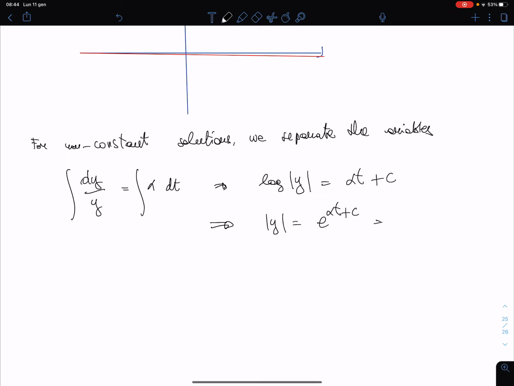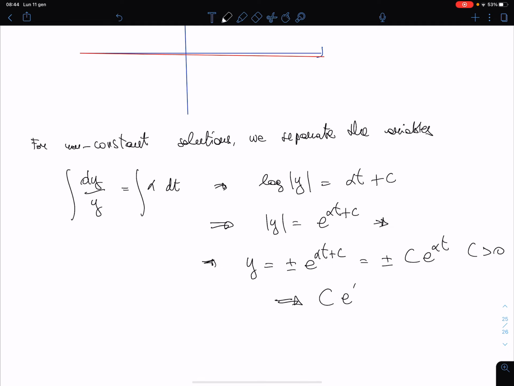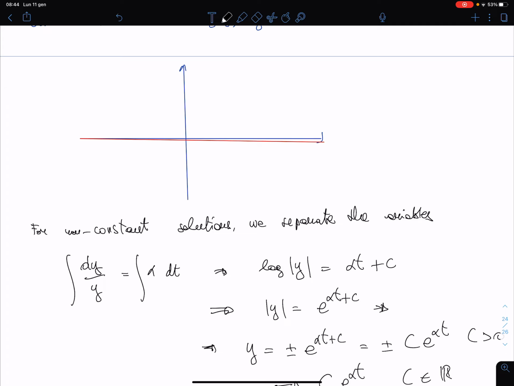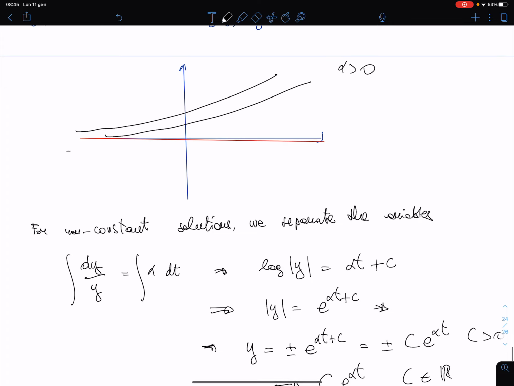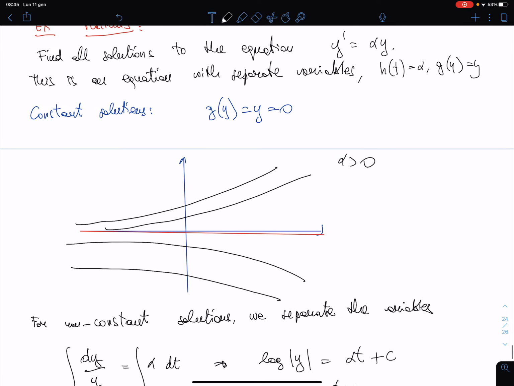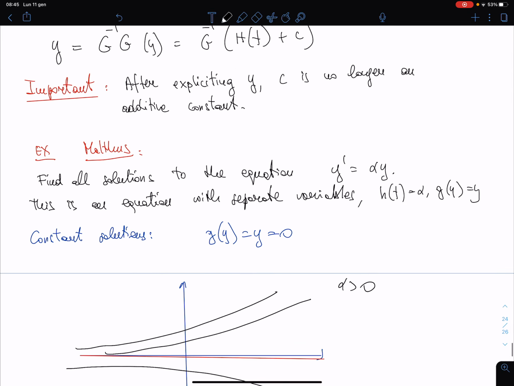So y is plus or minus e to the alpha t plus c, which is plus or minus c e to the alpha t for c larger than 0, so we can say that it is c e to the alpha t for c in R. Just a different way to write it, and so these are the solutions for alpha larger than 0, of course. Very easy.